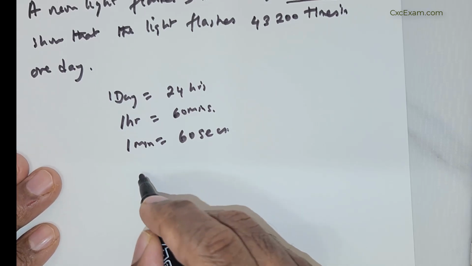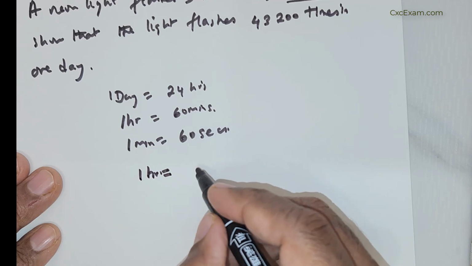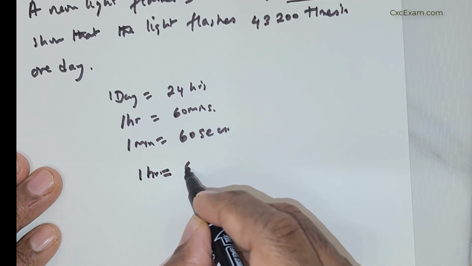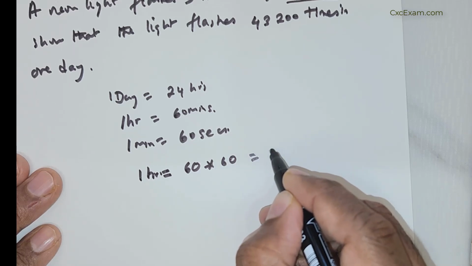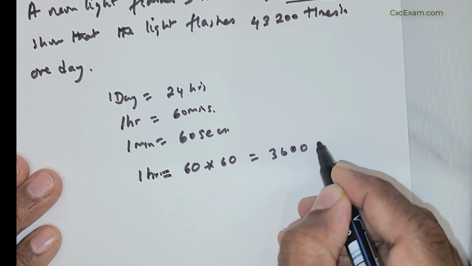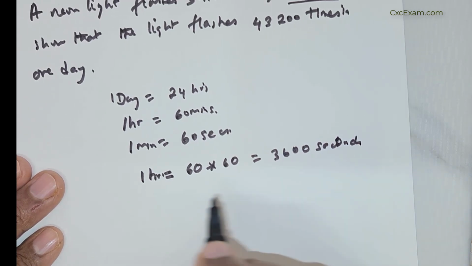So I have to convert 1 hour to seconds. So this 60 minutes I have to multiply with 60. So there are 3600 seconds. Okay, that's in 1 hour.